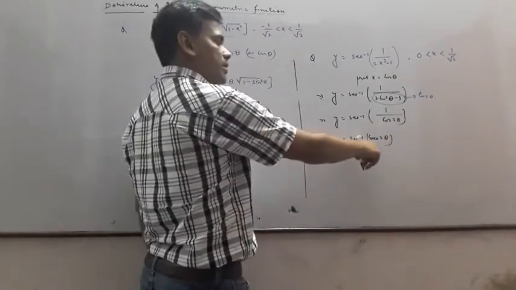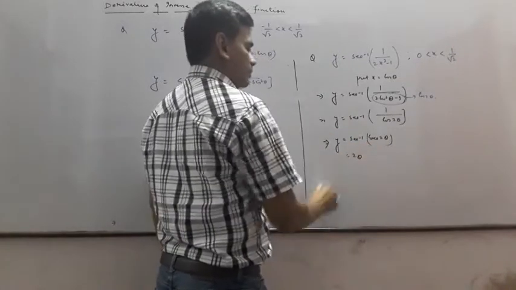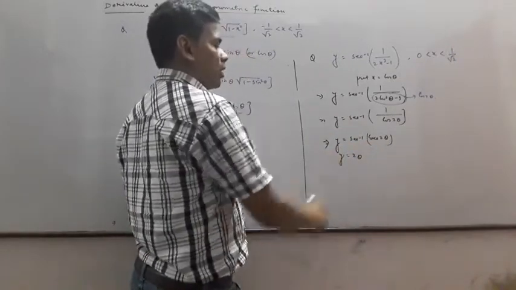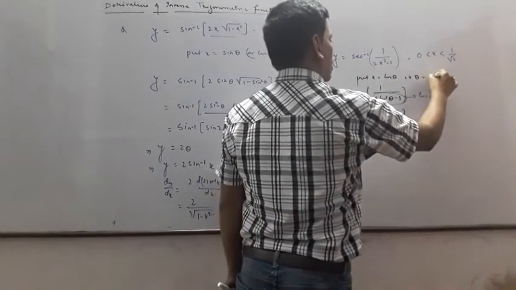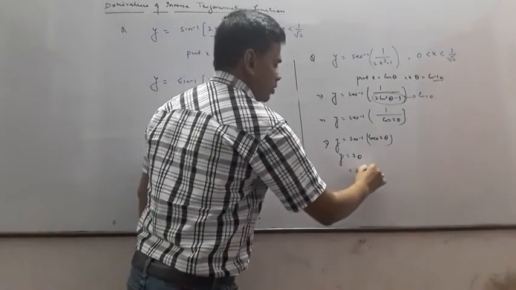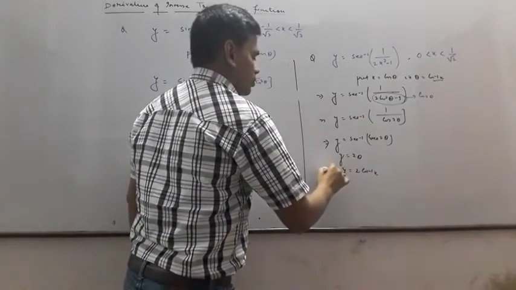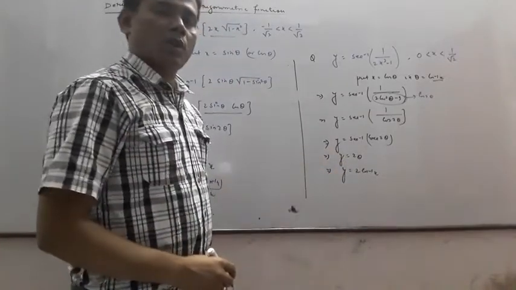Here sec inverse of sec 2 theta means the angle, so it is 2 theta. So y equals 2 theta. Now replace theta with cos inverse x, so 2 cos inverse x. So now our function is y equal to 2 cos inverse x.